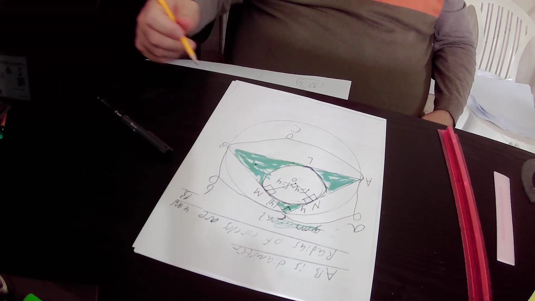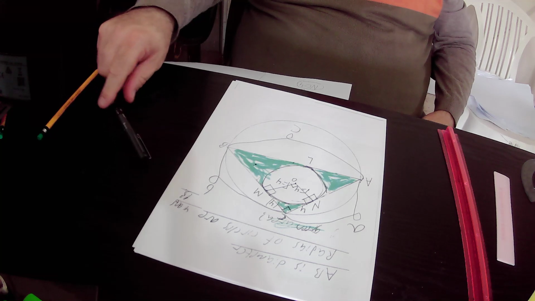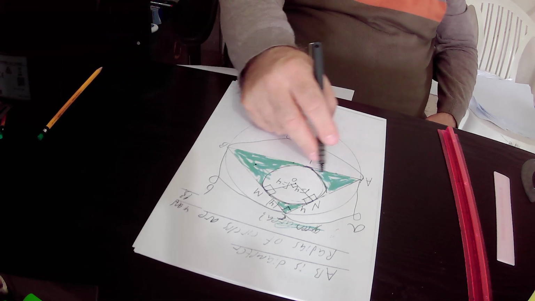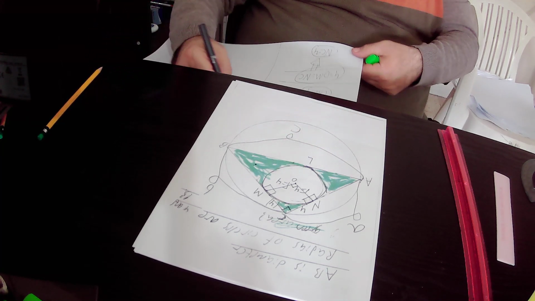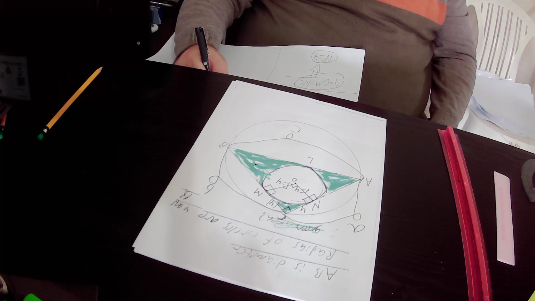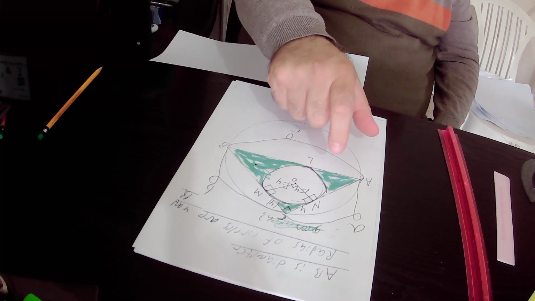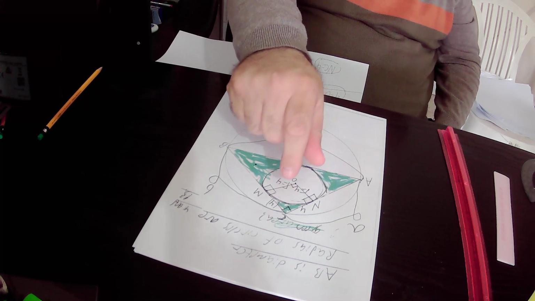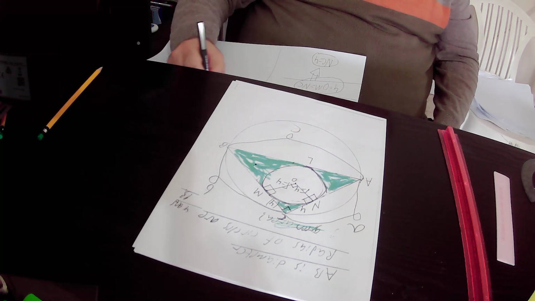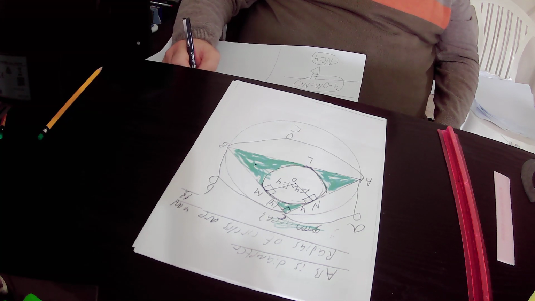So what is the length of line segment AN? Here it is very easy to see from the drawing that line segment AN equals CA minus NC.